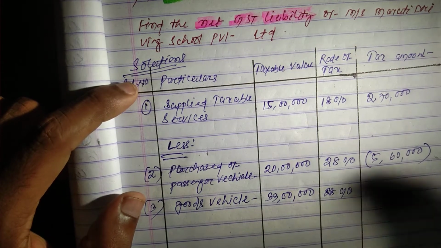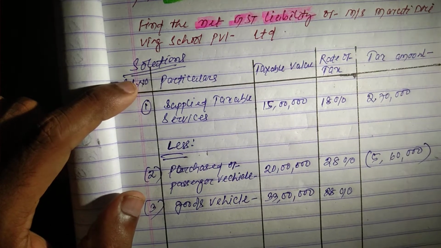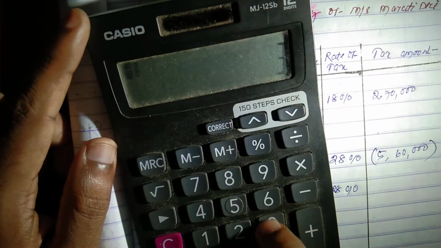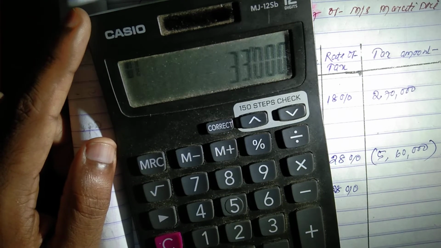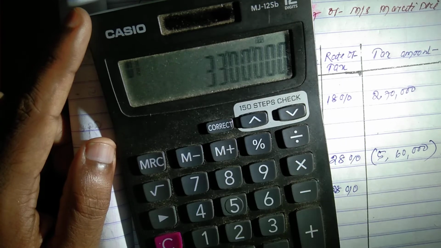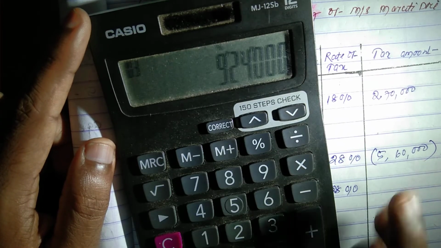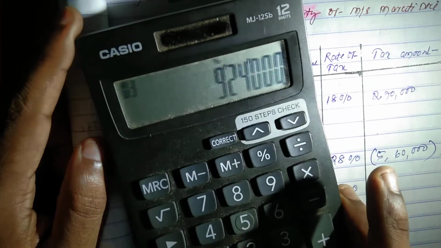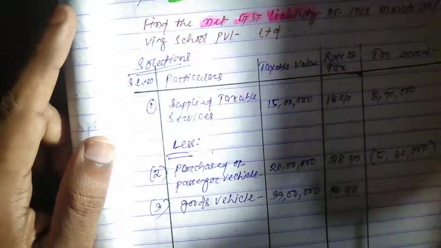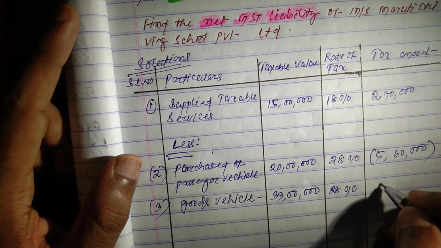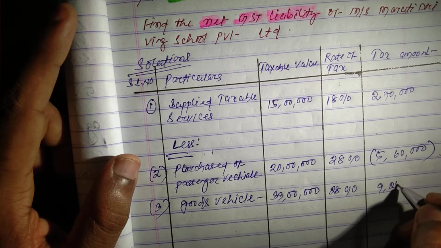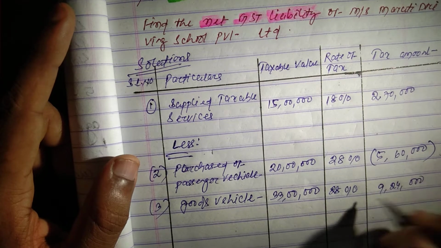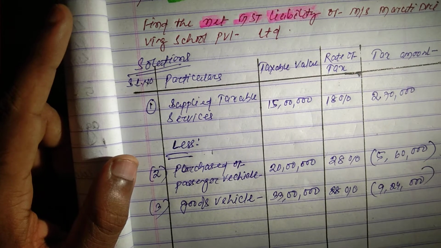So input tax will be 33 into 28%. It will be 9,24,000. Okay.